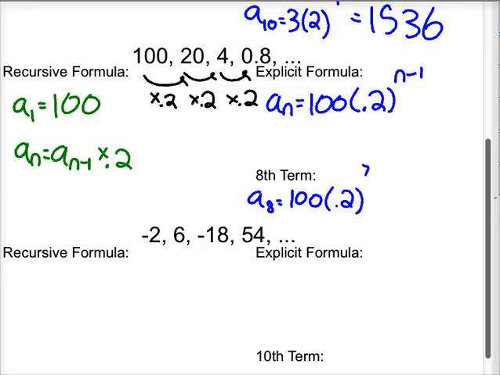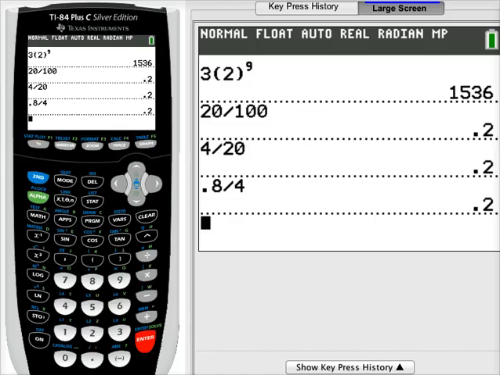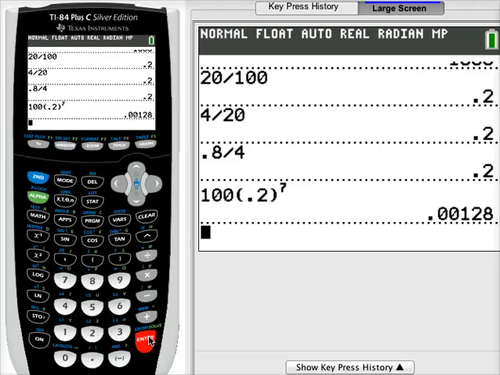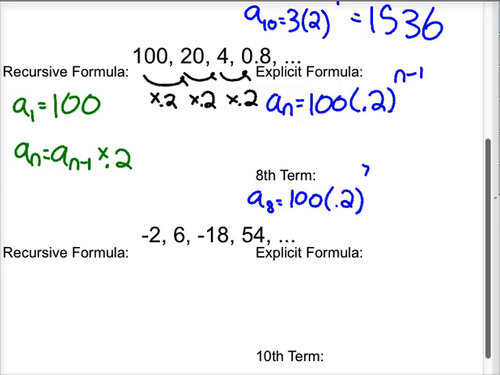So I can plug this into my calculator: 100 times 0.2 to the 7th power, and that's going to be that 8th term, 0.00128. And I'm done with that problem.